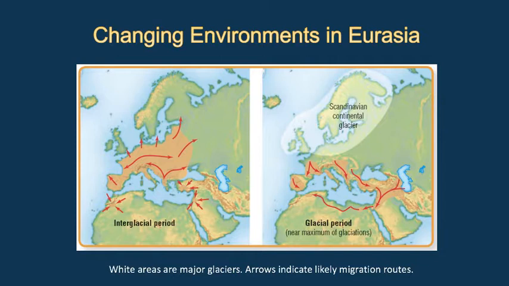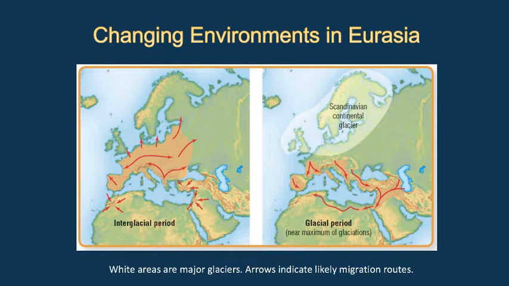In Eurasia, we have likewise some pretty significant changes. In the glacial periods, we'll look over here on the right first. The glacial periods, this Scandinavian ice sheet is covering, as you can see, a huge chunk of northern Europe. These arrows, the red arrows, are indicating movements of populations during glacial periods.